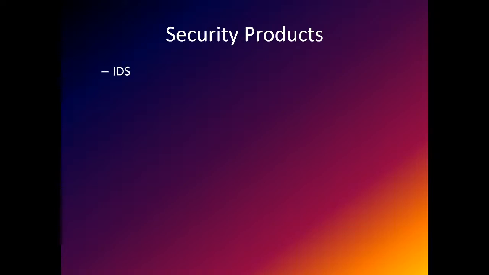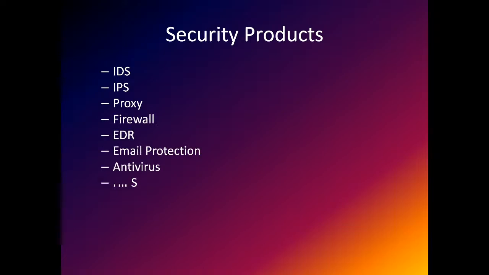Now, as I mentioned before, security alerts are triggered by a security appliance or security products. First, IDS, IPS, proxy, firewall, EDR, email protection, antivirus, HIPS, DLP, WAF, and sandboxing.